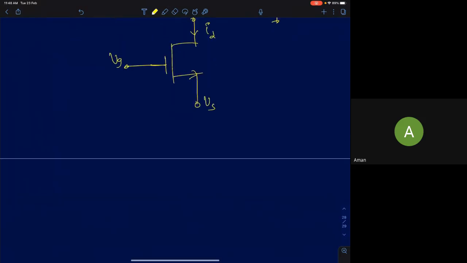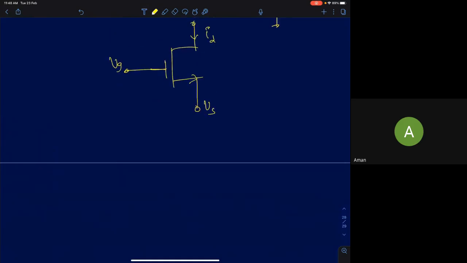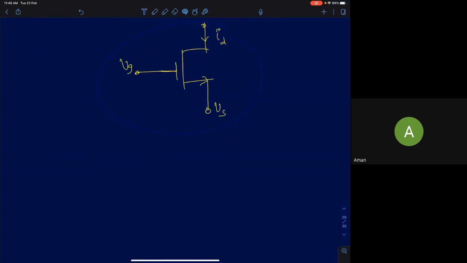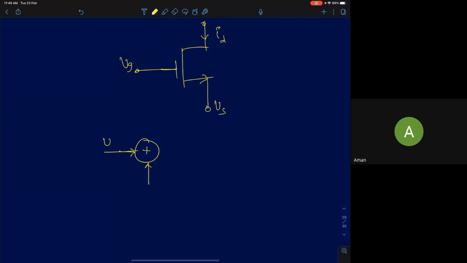So a MOS device can be mathematically represented this way: this is VG from a small signal point of view, this is VS, times Gm will be your drain current.